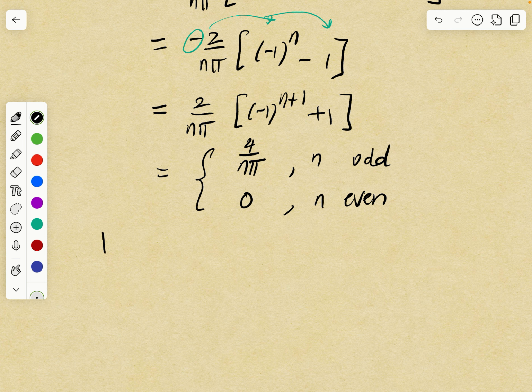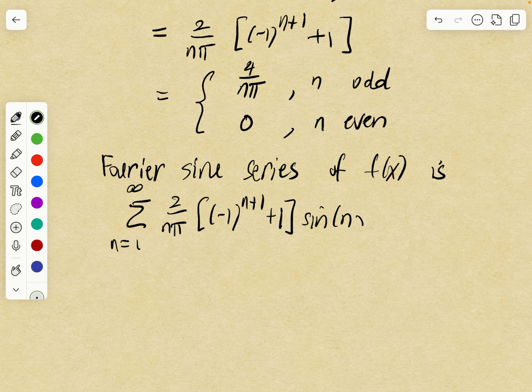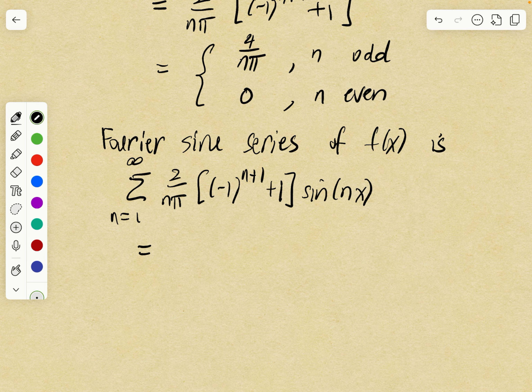So the Fourier sine series of the function in this example is the sum from n equals 1 to infinity of 2 over n pi times negative 1 to the n plus 1 plus 1 times sine of nx. To write some terms out, it helps to use this format, because I can see that I only care about what happens when n is odd. 4 over n pi is 4 over pi times 1 over n, so I can factor out the 4 over pi.